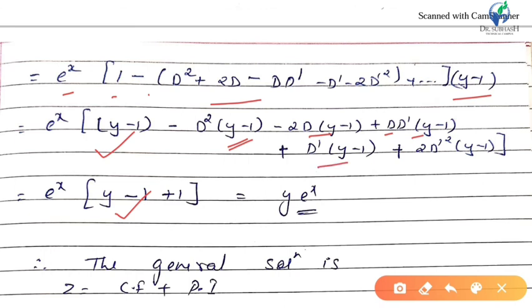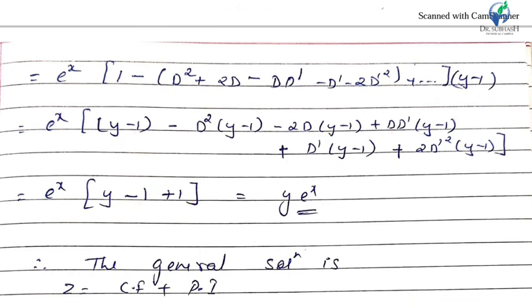Here when I am differentiating with respect to y, I get 1, and again this part will become 0 when I differentiate y minus 1 2 times with respect to y. So this minus 1 and plus 1 will get cancelled. So the leftover term is y into e raised to x.